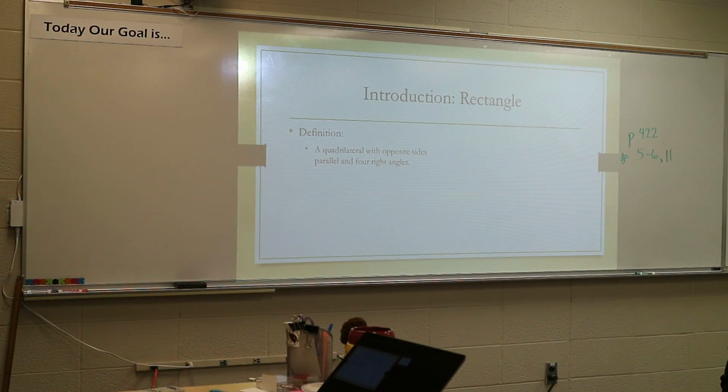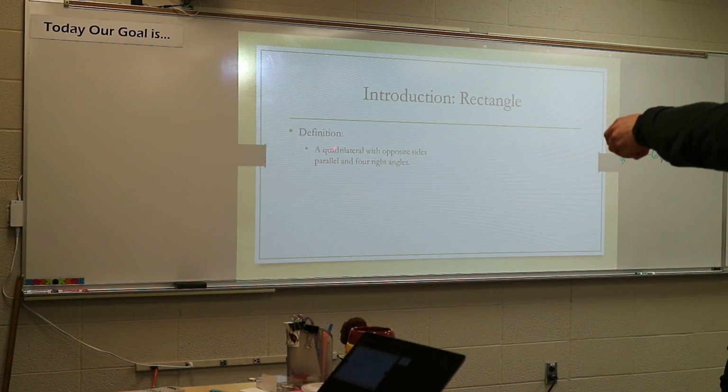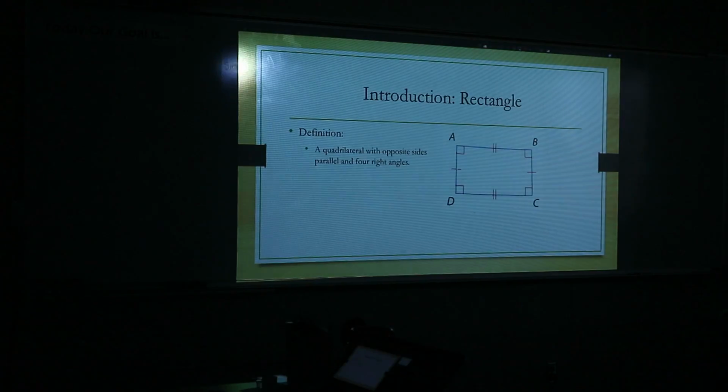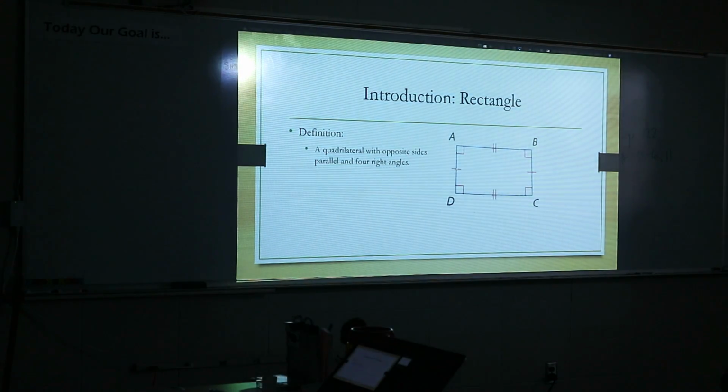Definition of a rectangle. One more time. It is a quad with opposite sides parallel, right? Because that's a parallelogram. But then the other part of the definition, it has 4 right angles. So here's your picture. Now, this picture has some extra parts on it, right? What you're looking at here is that there's some extra markers on this picture.